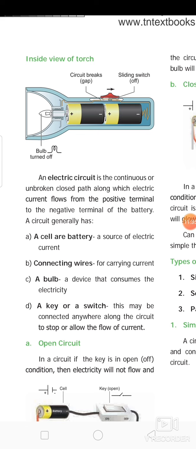Second one, connecting wires for carrying current. Third one, a bulb. It need not be a bulb, it may be any electric device that consumes electricity. Fourth one is a key or a switch. We should switch it on or off, then only the current will be allowed to pass through or be cut off. This may be connected anywhere along the circuit to stop or allow the flow of current.